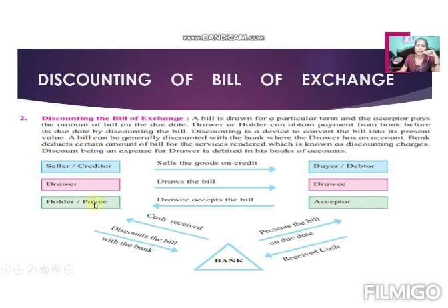But here, the drawer cannot escape from the transaction till the bill matures and is honored. If the bank does not get payment from the drawee, then the bank asks for payment from the drawer, and again the drawer will ask the drawee. So this circle will rewind.